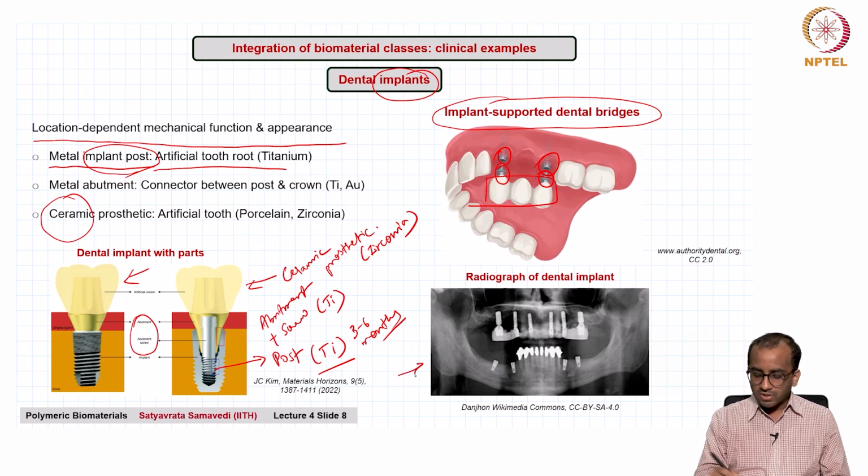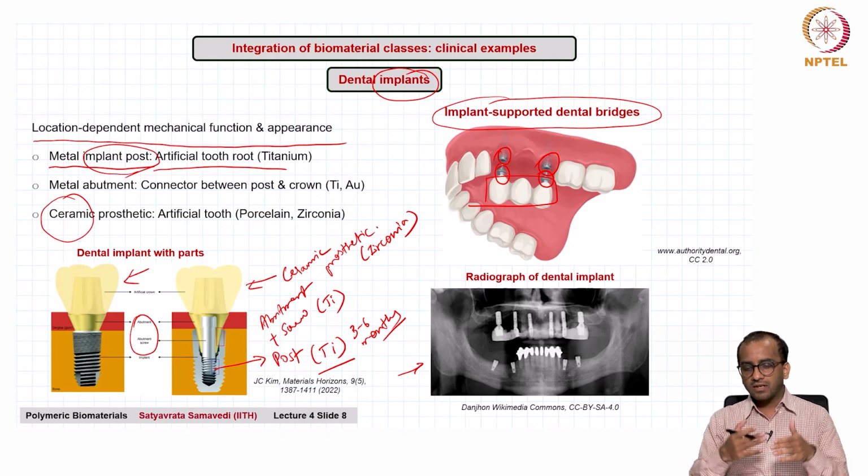And shown here is a radiograph where an entire arch, for example, instead of just 2-3 teeth, has to be replaced, then you need more supports than just 1 or 2. When you're looking at all on 4 or all on 6, depending upon the patient age, the nature of the arch itself, how much space is there, all these factors go into determining whether they use an all on 4 supported or all on 6 supported implant.